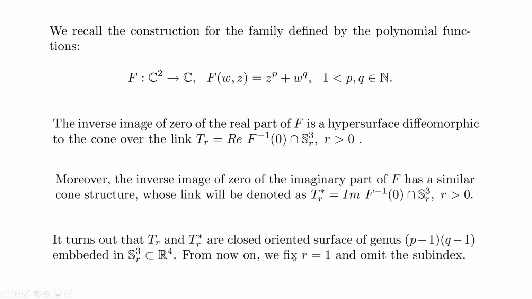From now on, to simplify, we'll just consider R equal 1. So we can consider these links as closed oriented surfaces of genus (P-1)(Q-1)/2, using the real part or the imaginary part and the intersection with S3, which is the Milnor link in this case. Okay, so these are our models.